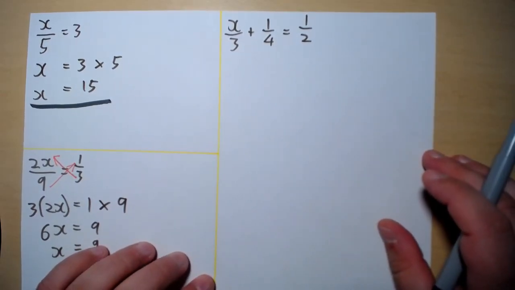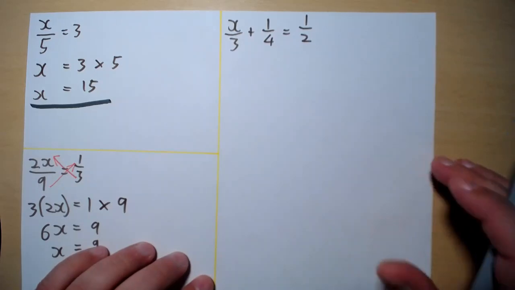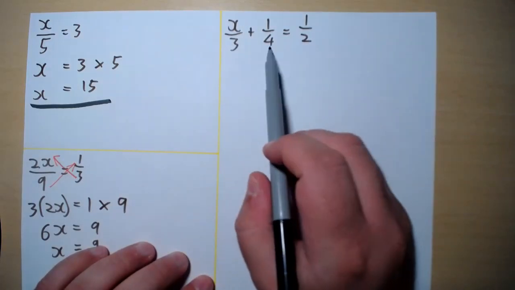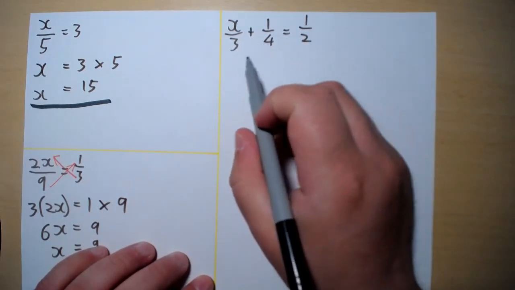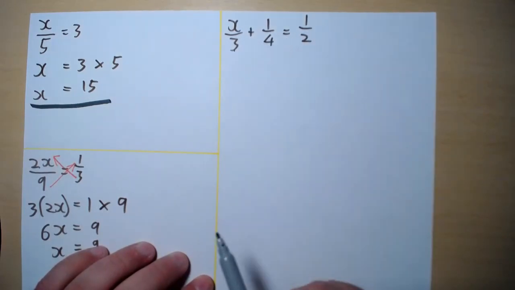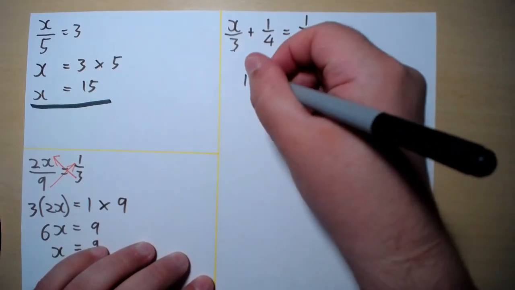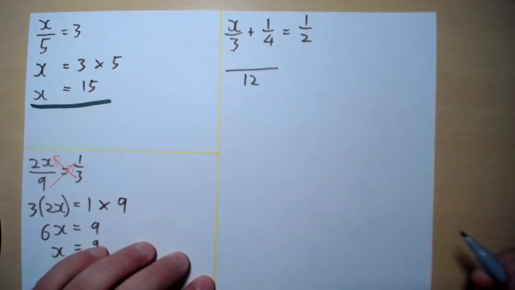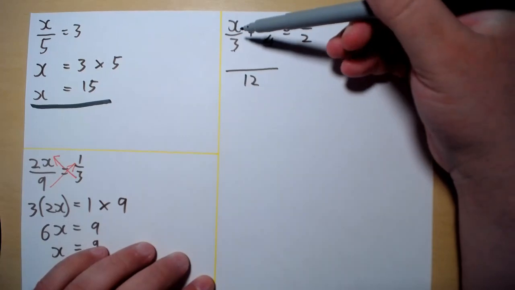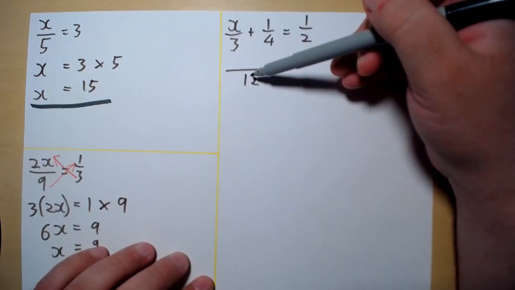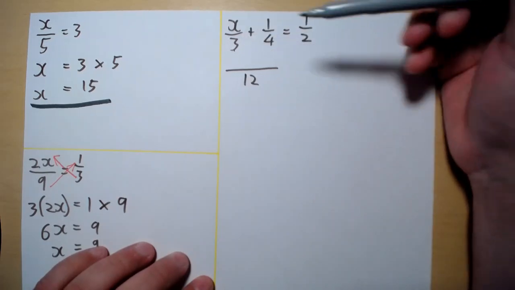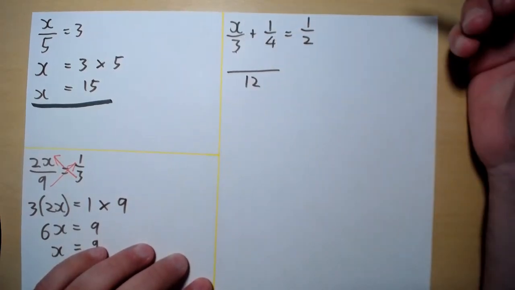The common denominator can be the least common multiple, which in this case is 12. So 12 is a common multiple of 3 and 4. So I'm going to set 12 as a common denominator. Now, in order to get this 3 to 12, we have multiplied it by 4. So we multiply the numerator by 4 as well.